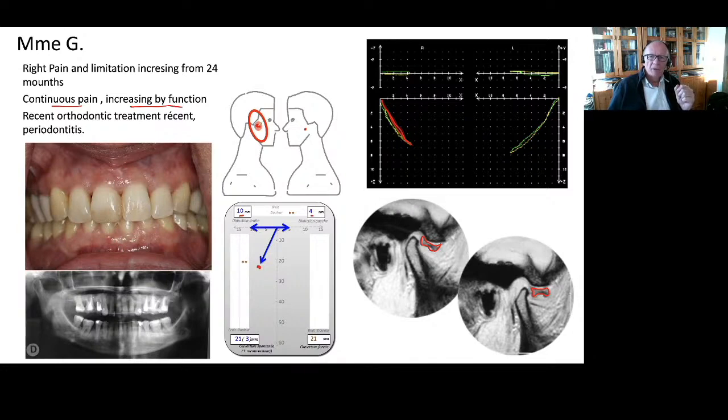When you palpate the TMJ, it is painful, so it is a sign. It is TMD. Recent orthodontic treatment and a very poor situation from periodontal point of view.